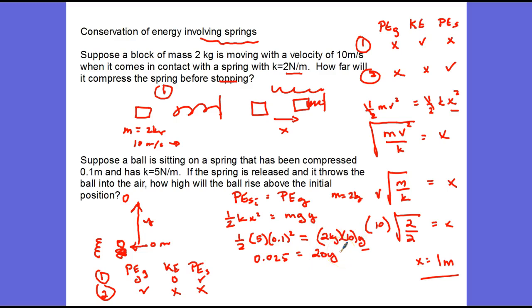So divide 0.025 by 20. And I get y equals 0.00125 meters, which is a very small distance. But it's a pretty weak spring, and 2 kilograms is about 5 pounds. So, all right, it doesn't go very high.